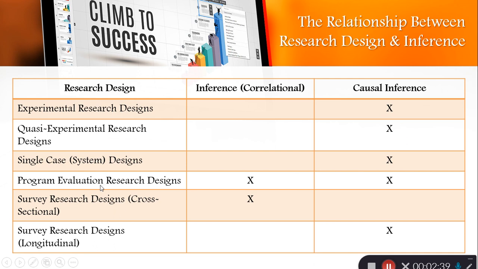Now we're adding to our understanding the idea that program evaluation research is appropriate for drawing either basic correlational inferences or causal inferences, simply because, as I just mentioned, we can draw on a number of research designs and methods in order to evaluate a single program.